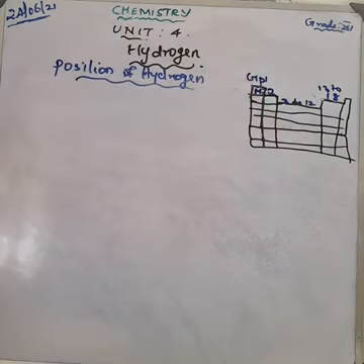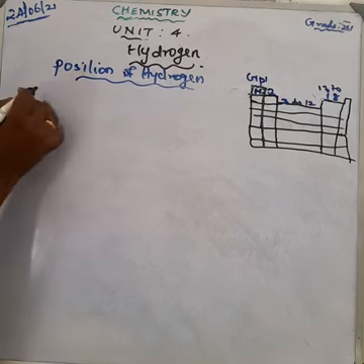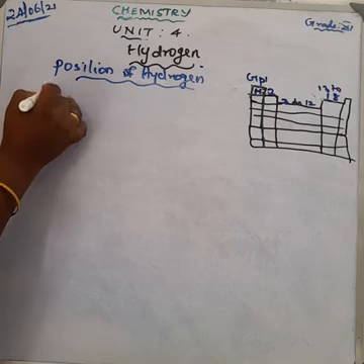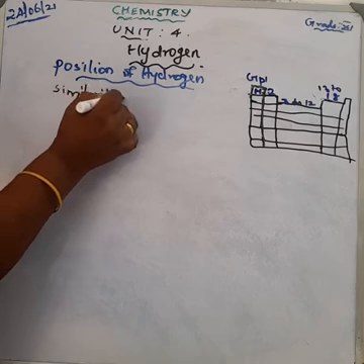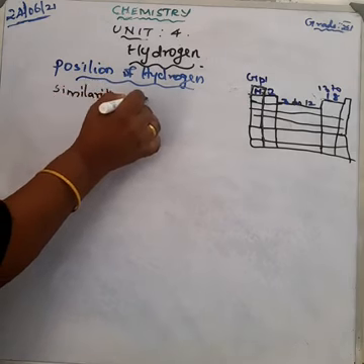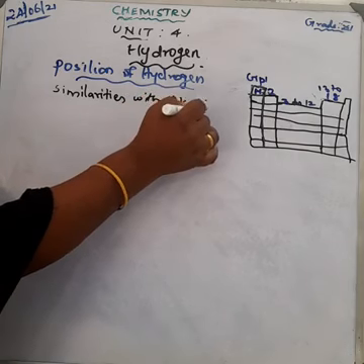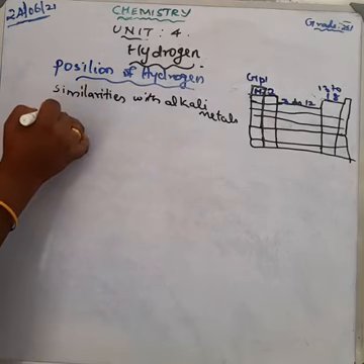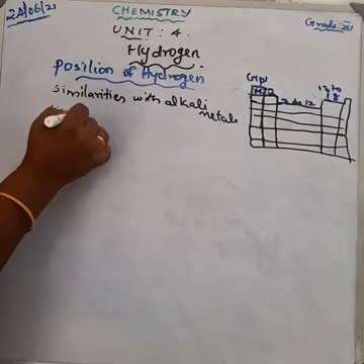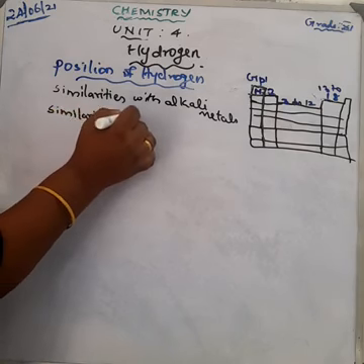So why? Because certain similarities exist between alkali metals and hydrogen, and also some similarities exist with halogens. Hydrogen has similarities with alkali metals and also halogens.